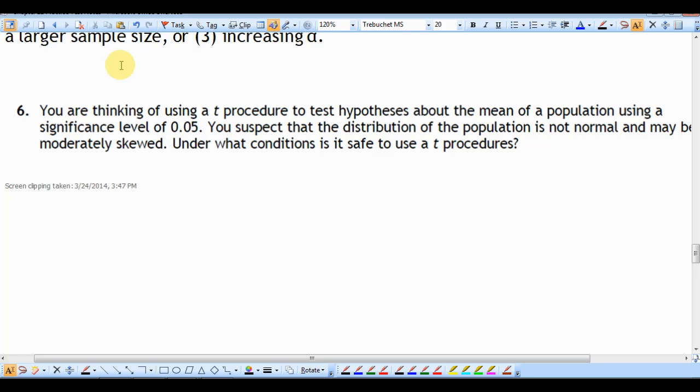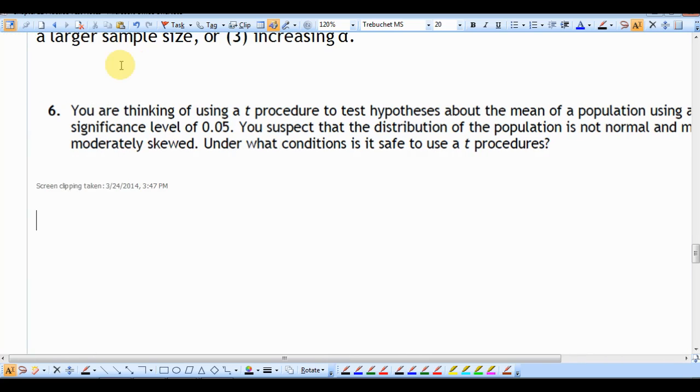You suspect that the distribution of the population is not normal and maybe moderately skewed. Under what conditions is it safe to use a T procedure?